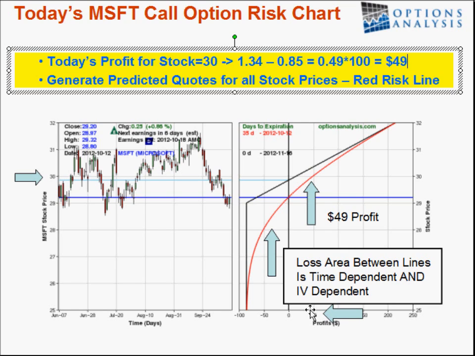So we can take the Black-Scholes formula, we can move the stock price from 25 to 32, compute our profit with a fixed IV, and find all the points that form this red curve.